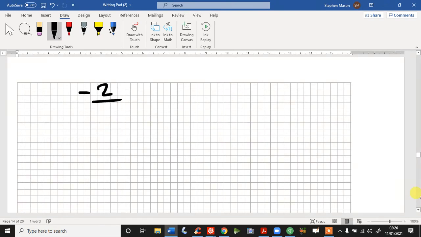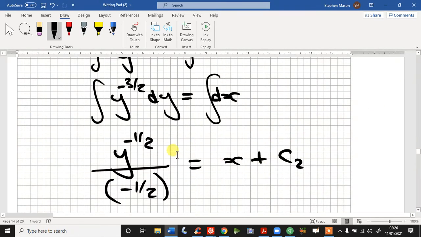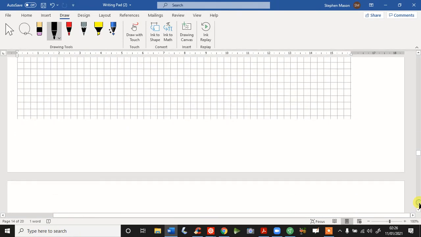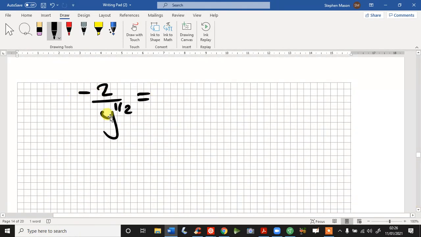And of course, the y to the power minus a half just becomes effectively 1 over y to the half there. So all of this on the left-hand side simply becomes minus 2 over y to the half here, and that's equal to x plus C1.